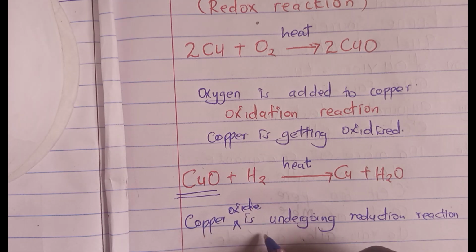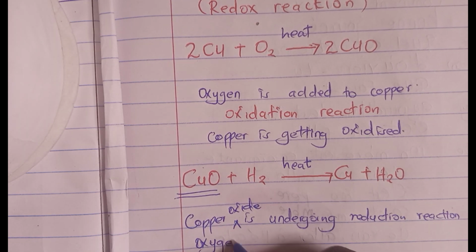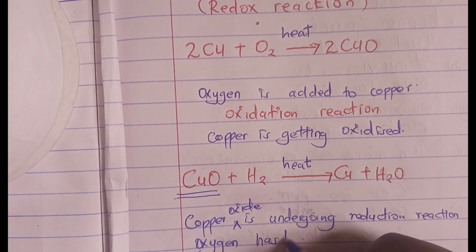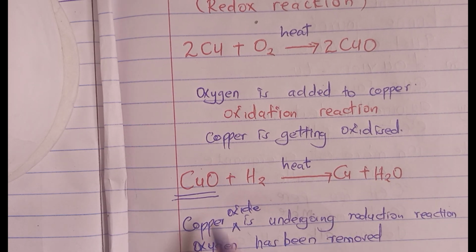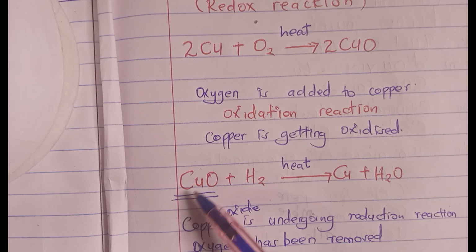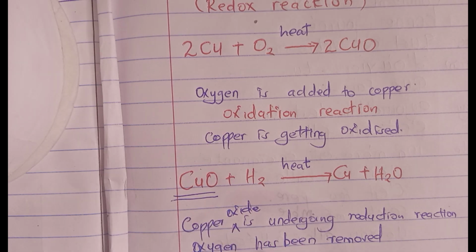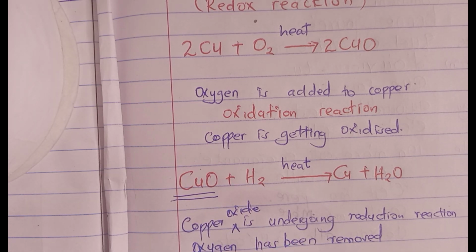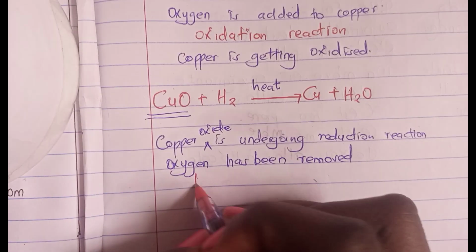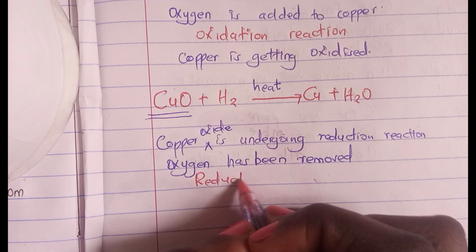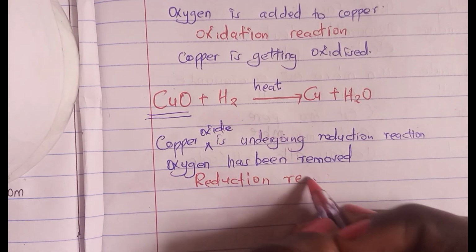So copper oxide is undergoing reduction reaction. Oxygen is being removed. Initially it was copper oxide, but we are removing oxygen from it. The process or the reaction is referred to as reduction reaction.